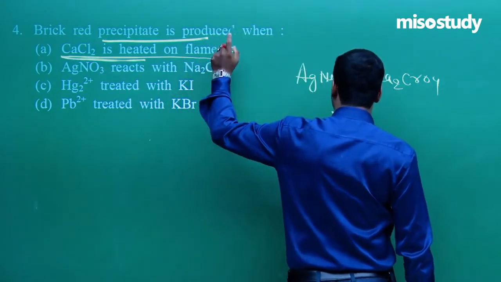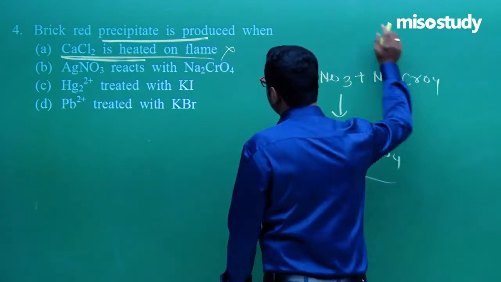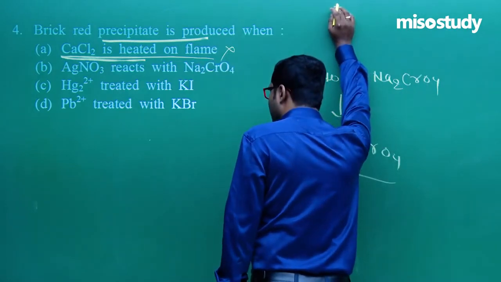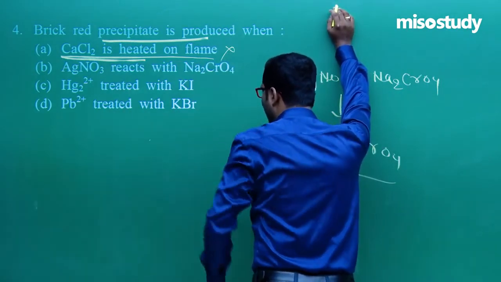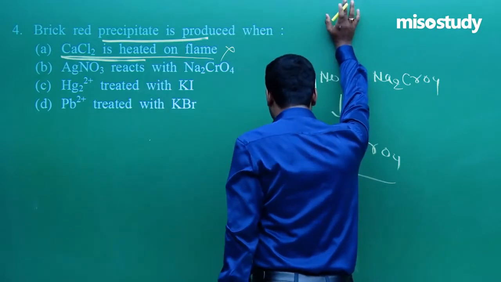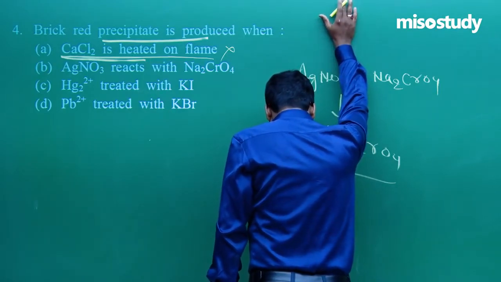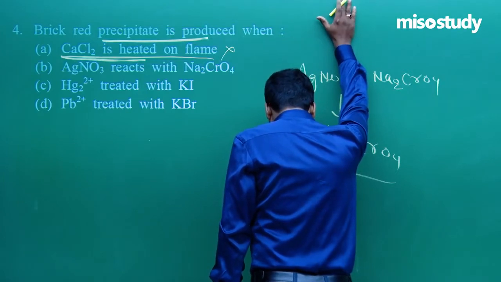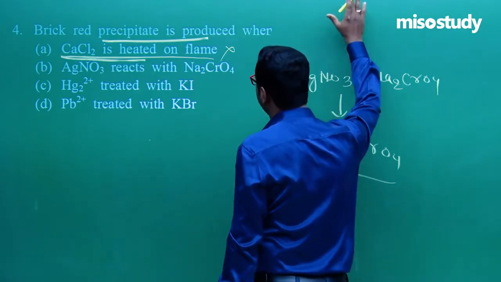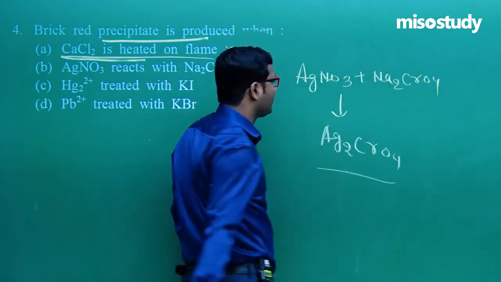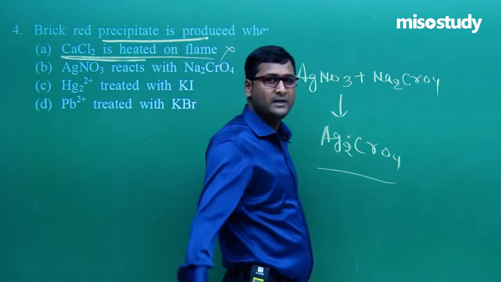We know in the flame test the radical Ca2+ flame color is brick red, but read the question carefully. Here it is given brick red precipitate. Clear to you? What is given here? Think on it friend. That is PPT. Clear? This one is the PPT.